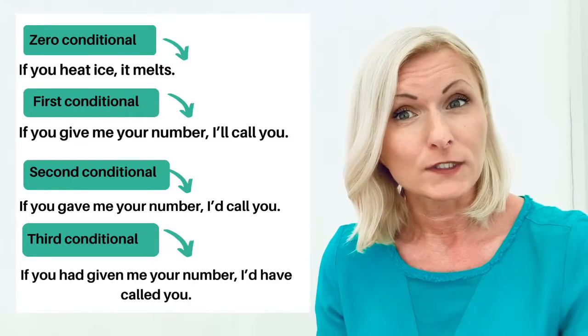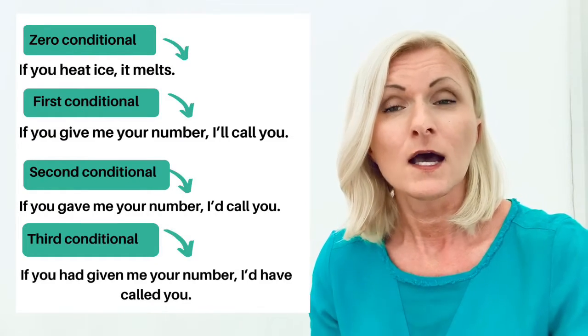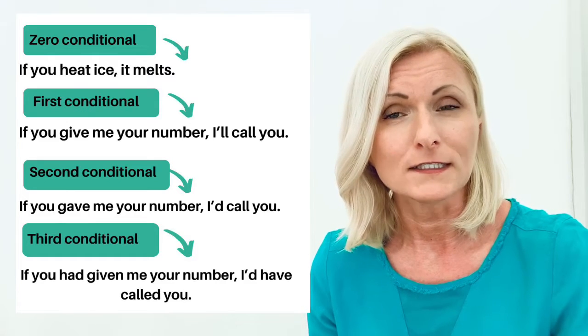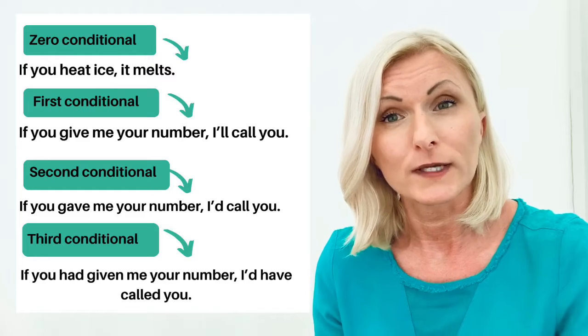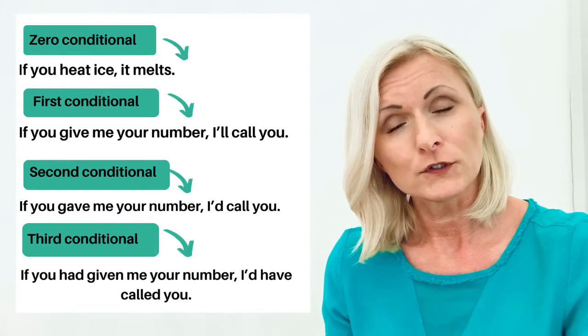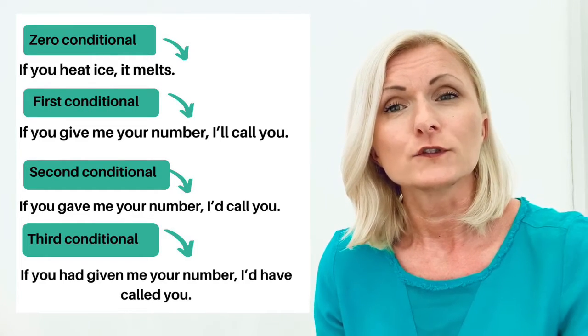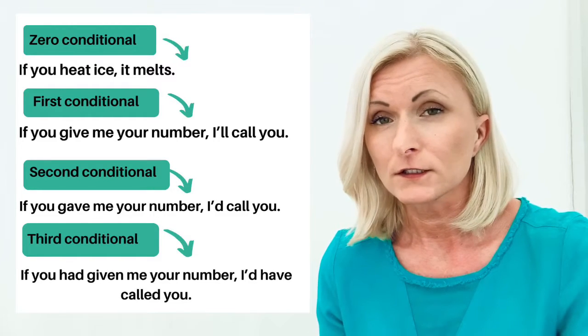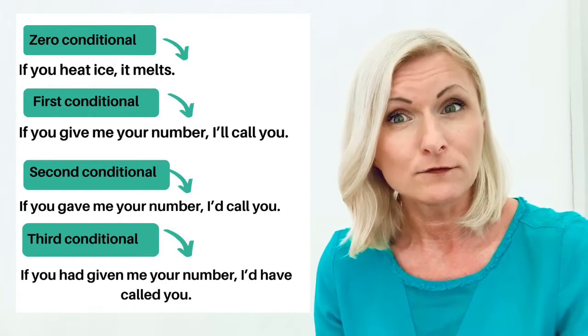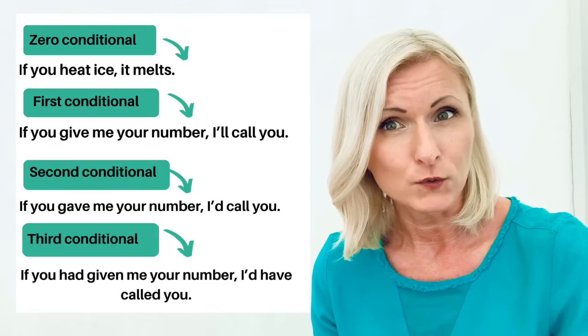So let's have a look at my examples here. I've got one example for each of the conditional sentences that we are going to look at today. For the zero conditional, I've got if you heat ice, it melts. For the first conditional, I've got if you give me your phone number, I will call you.